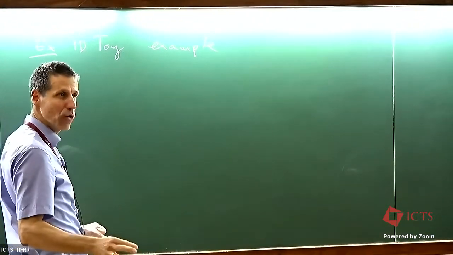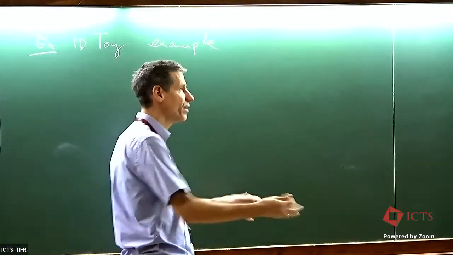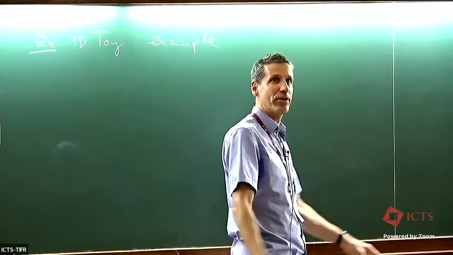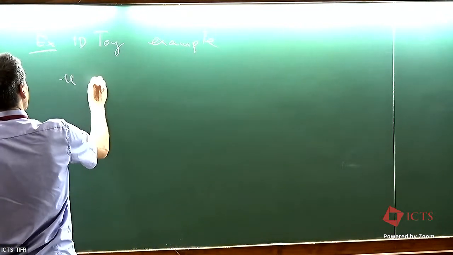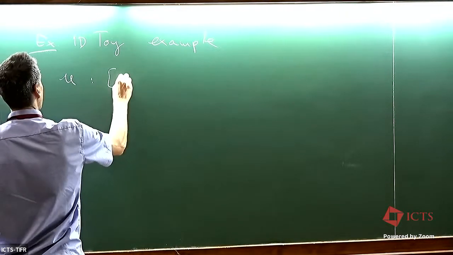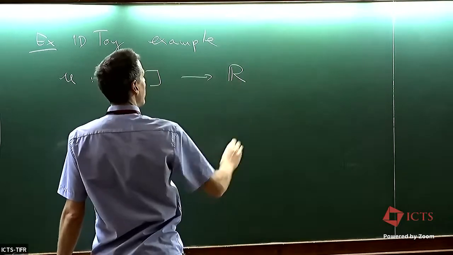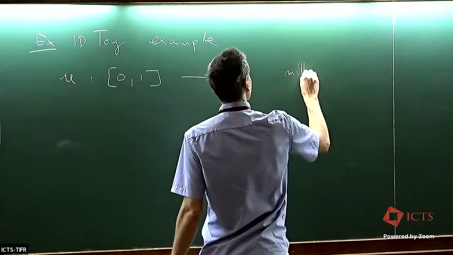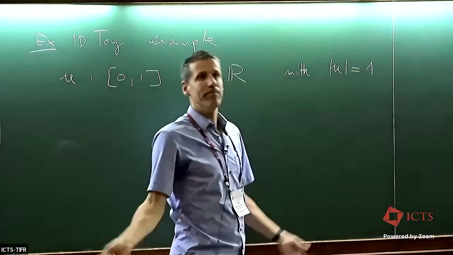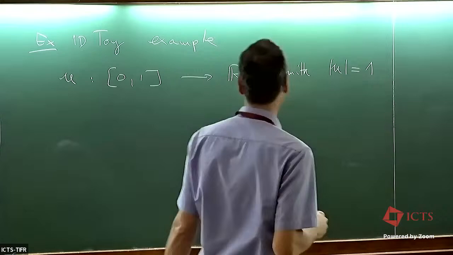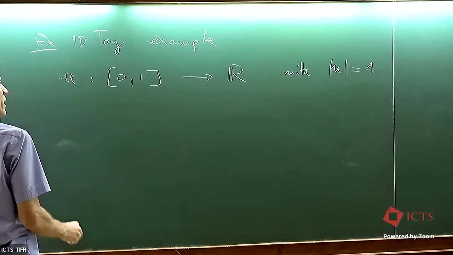What this is about is that convex integration is a way to construct solutions of nonlinear equations by an iterative scheme. Here we are searching for a function on the interval 0, 1. And the nonlinearity is that we want the modulus to be equal to 1. So it's very simple, no derivatives.